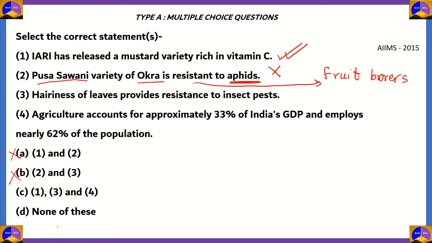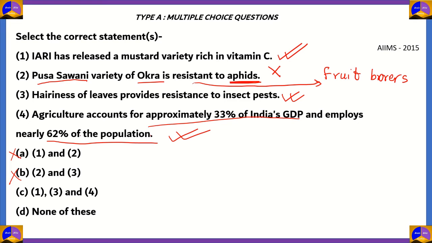And since none of these has to be incorrect, because hairiness of leaves does provide resistance to insect pests, and agriculture accounts for 33% of India's GDP and employs 62% of the population. Again, this is a statement which you can find in NCERT grade 10 economics. It's been mentioned there and also in this chapter as well.